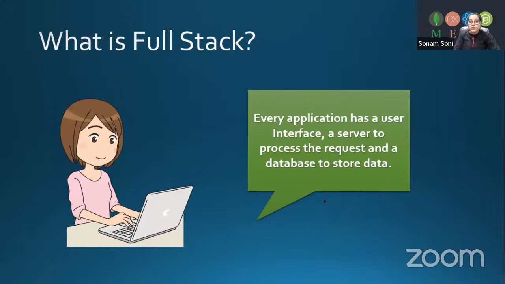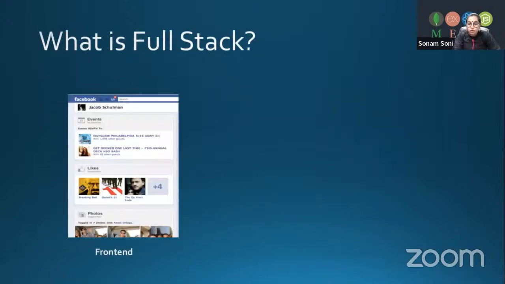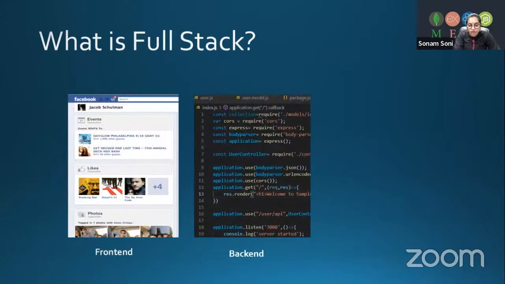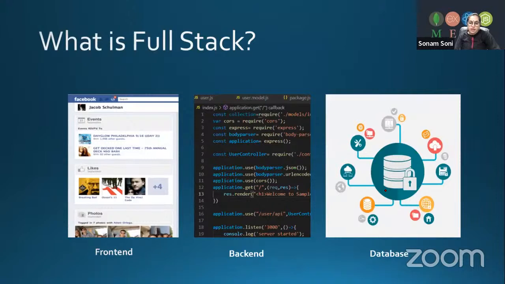So when you say full stack, these are the three things that you must know. Just see here, this is the front end. When you write the back end code, this is the image you can consider as the back end. And this is the database, which you can take as storage. This is to handle the request.